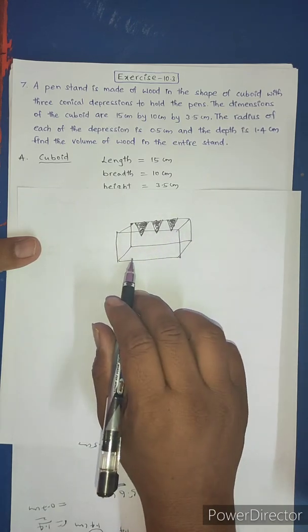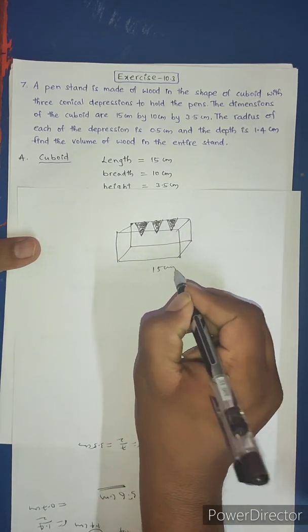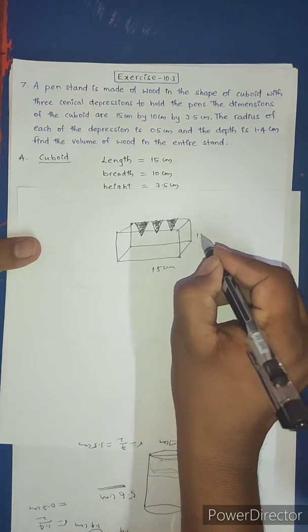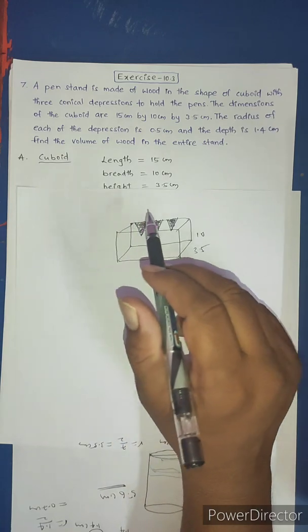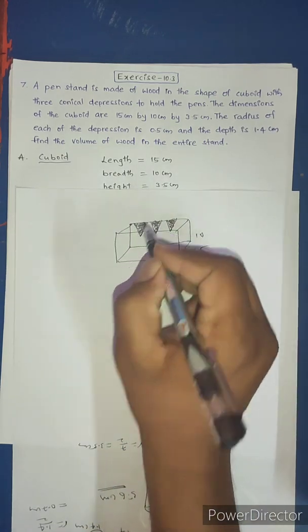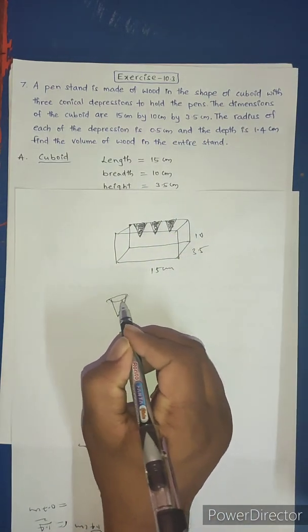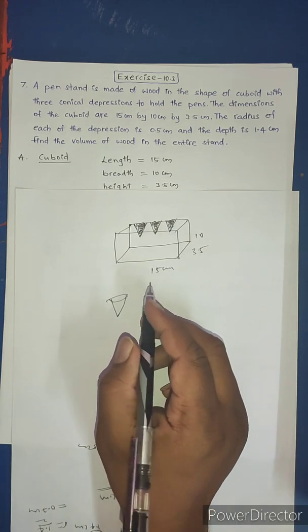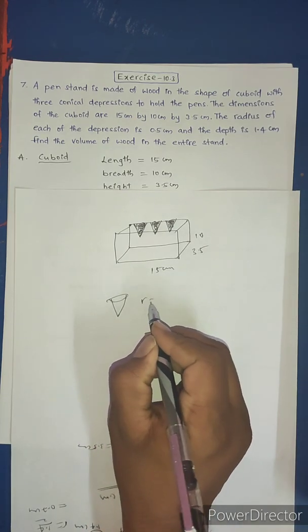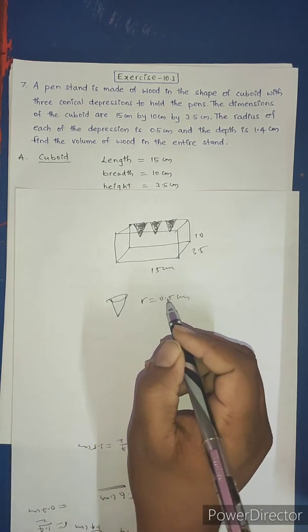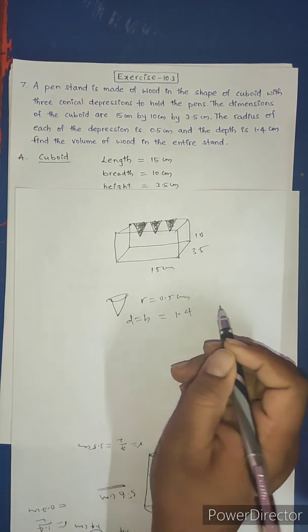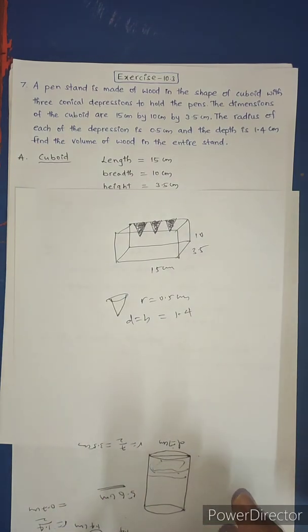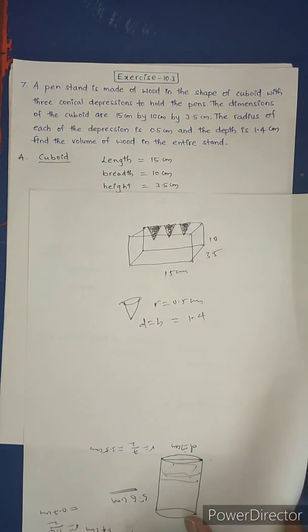The dimensions of the cuboid are 15 centimeter, 10 centimeter, 3.5 centimeter. The radius of each depression is 0.5 centimeter and depth or height is equal to 1.4 centimeter. Find the volume of wood in the entire stand.